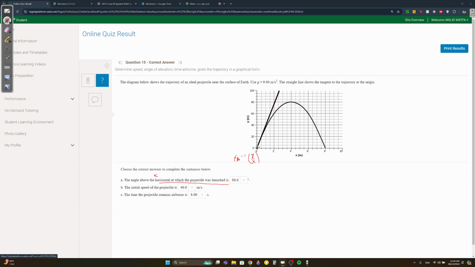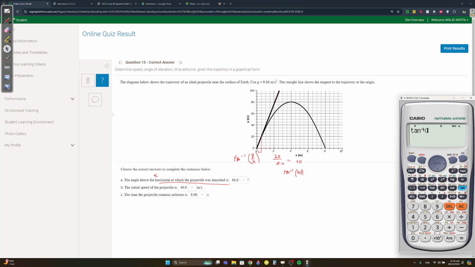Here, your y went up by 20, over your x, which went by 0.5. Why 0.5? Because you have 2, and there are 4 squares; 2 divided by 4 is 0.5, so each square is 0.5. You're going to get 40. So shift tan of 40, and you should get 88.6, right?